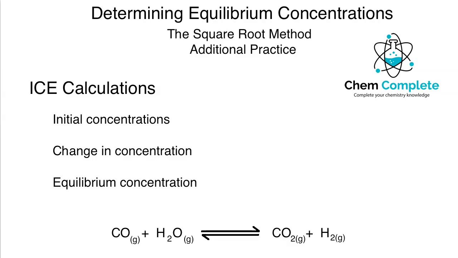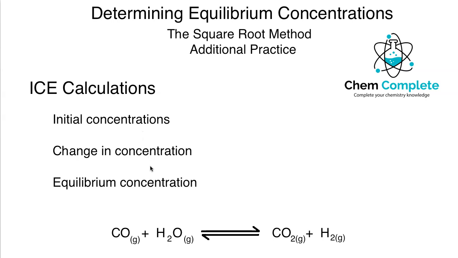Okay, so just a brief reminder regarding what ICE calculations are referring to. ICE calculations refer to a table or some sort of a chart that you set up in order to determine equilibrium concentrations. And there's three main components. There is the initial concentration, which is normally going to be given in the problem itself.